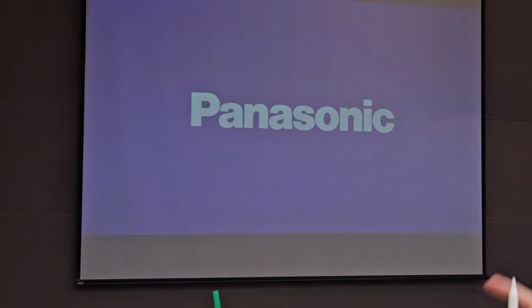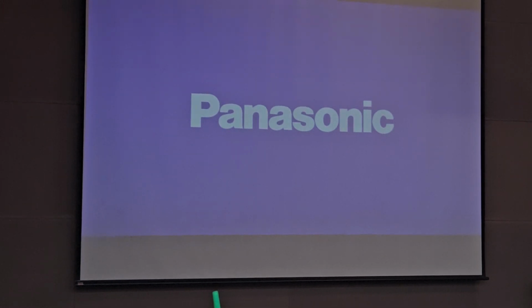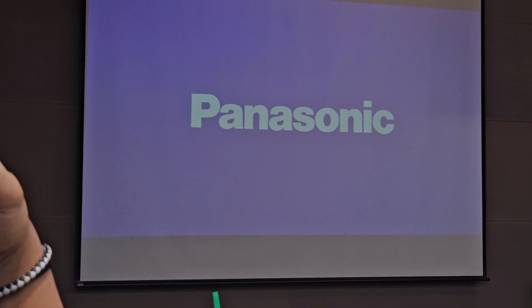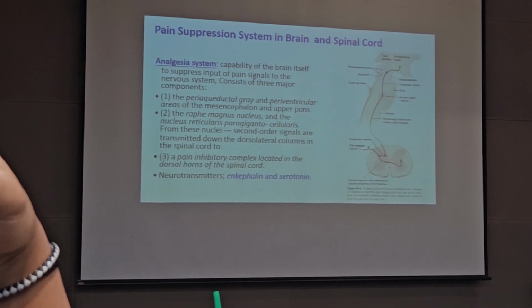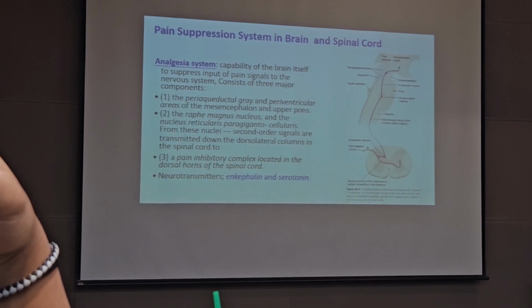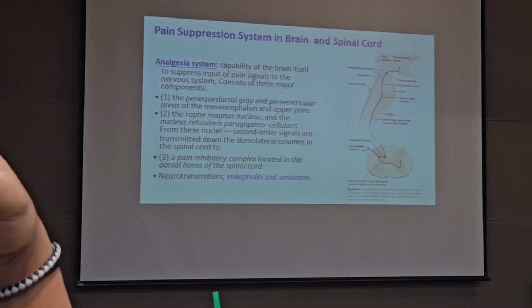Then what will happen? From that nucleus, second order signals are transmitted down, because this descending pathway also has first, second and third order neurons.